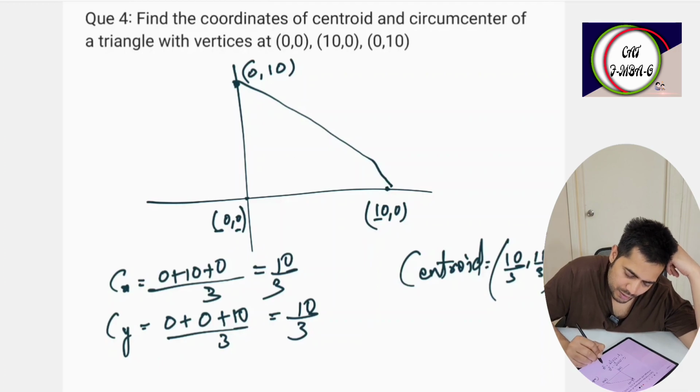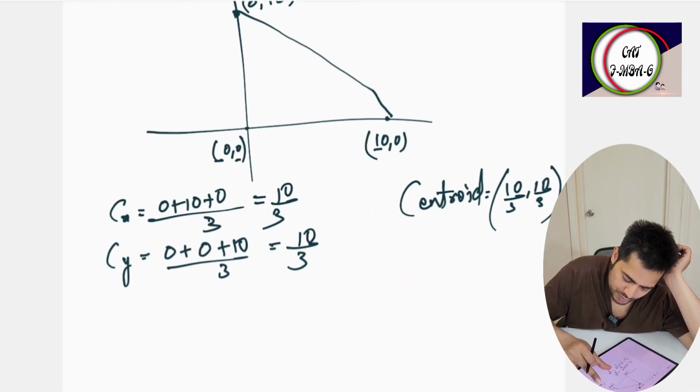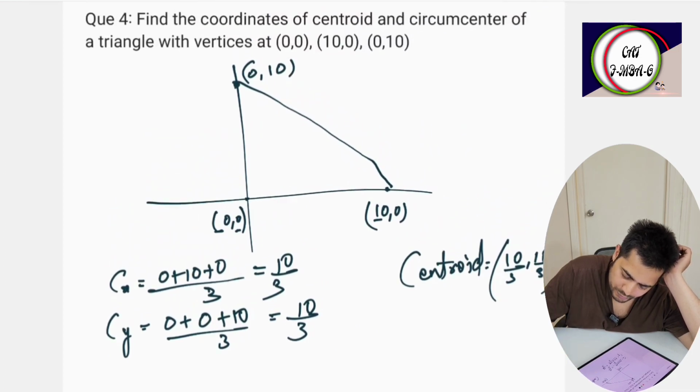Okay, and we have to find the circumcenter. In the case of a right angle triangle, the circumcenter is the midpoint of the hypotenuse. We know that, and this we have to calculate.